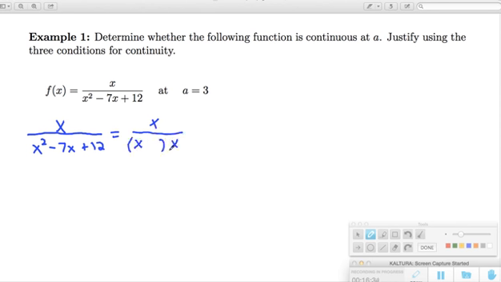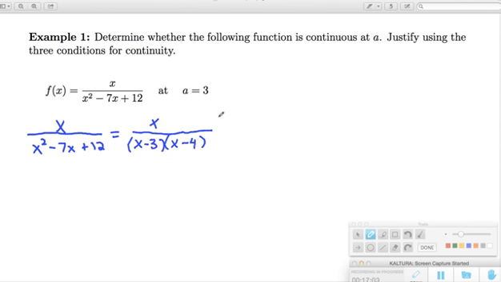They're not all factorable, but it's usually a pretty good technique to try that. So let's factor the denominator, and we should be able to get the zeros of the denominator, and that would alert us to any potential problems in the function being defined. Well, two numbers that multiply to give you positive 12 and combine to give you negative 7 are, of course, negative 3 and negative 4.